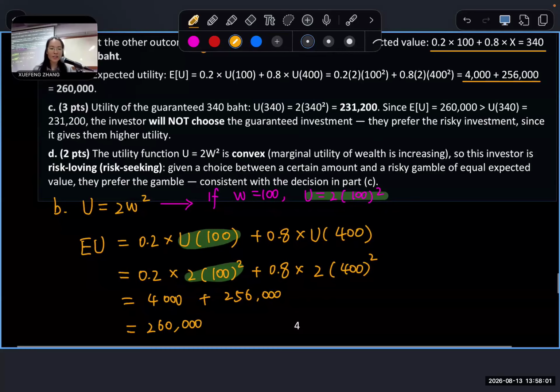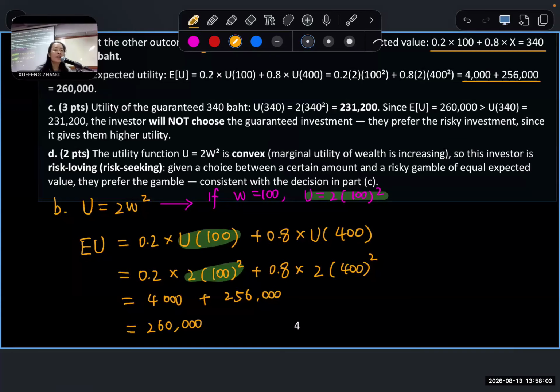And next question. If there is another investment that yields a guaranteed return of 340 baht, do you think the investor will choose this guaranteed investment instead? Show your calculation and explain your reasoning.